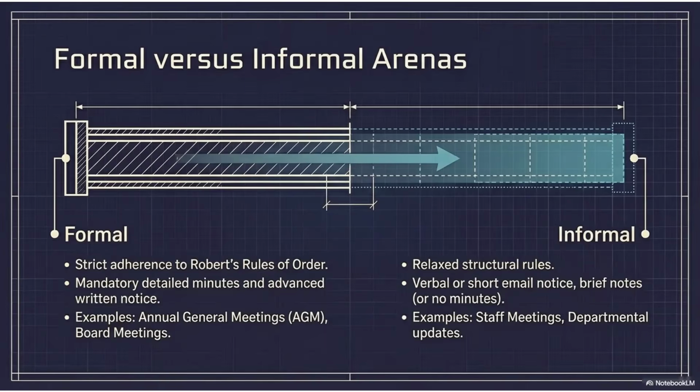You must take minutes, it's mandatory. Like if you have an annual general meeting, for example, and we'll go to different ones just now, you must have minutes, and you must follow the rules of meetings. Informal, not so much. Informal, you can basically do your own thing.